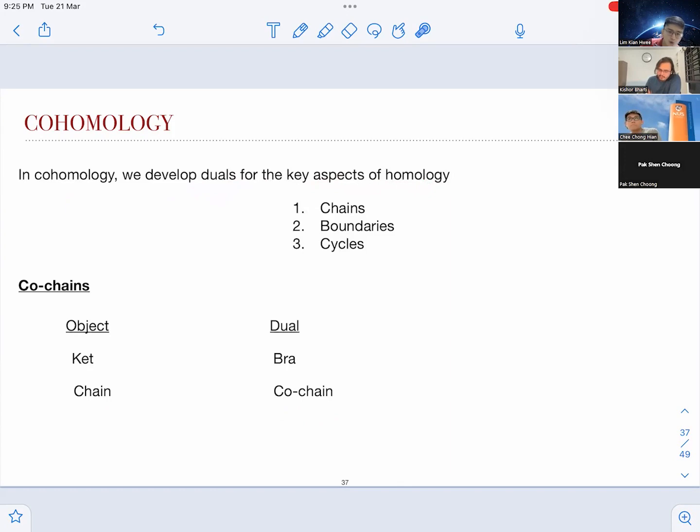So in homology, we are interested in chains, boundaries, and cycles. You just add a co in front of it. So here you will be interested in co-chains, co-boundaries, and co-cycles. And we will explain what these objects are. So you have a ket, and the dual is bra. You have a chain, the dual is co-chain, and you will see what these objects are.